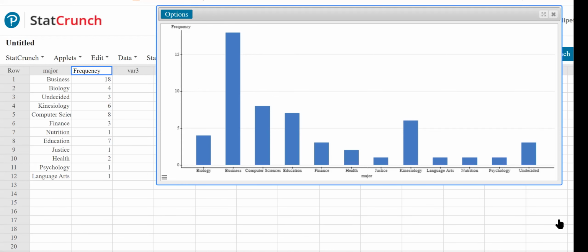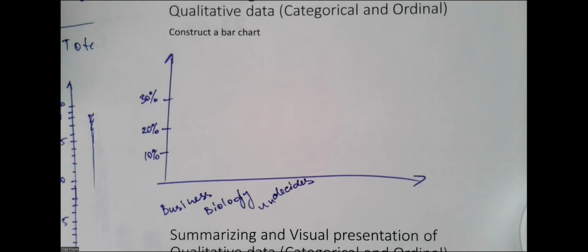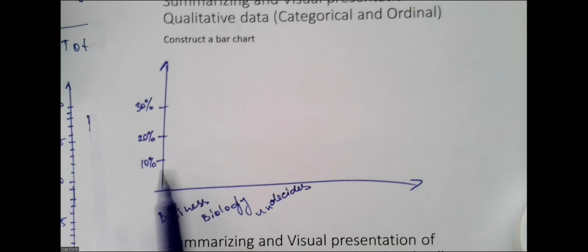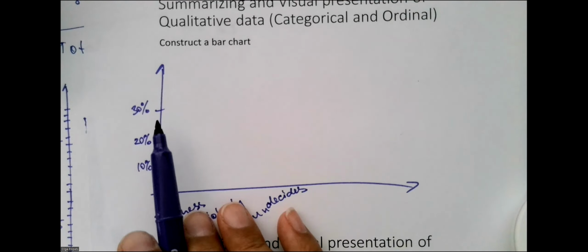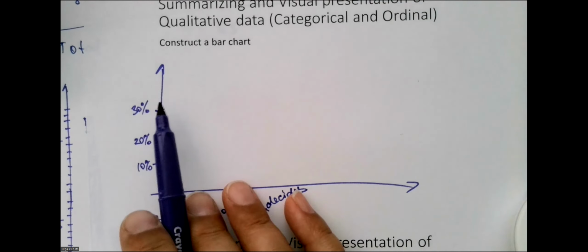So what else can we do? Well, instead of putting counts or frequencies on the y-axis, we can put relative frequencies on the y-axis instead. So let's see what that would look like. So here, again, I have my majors on the x-axis, and the percentages on the y.